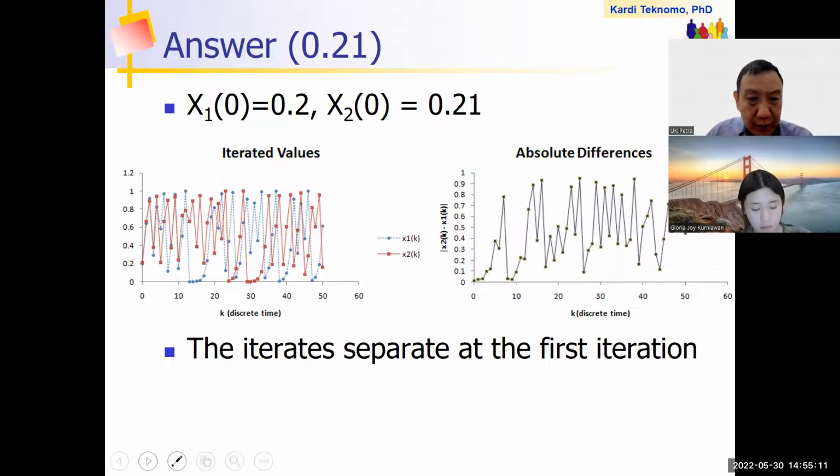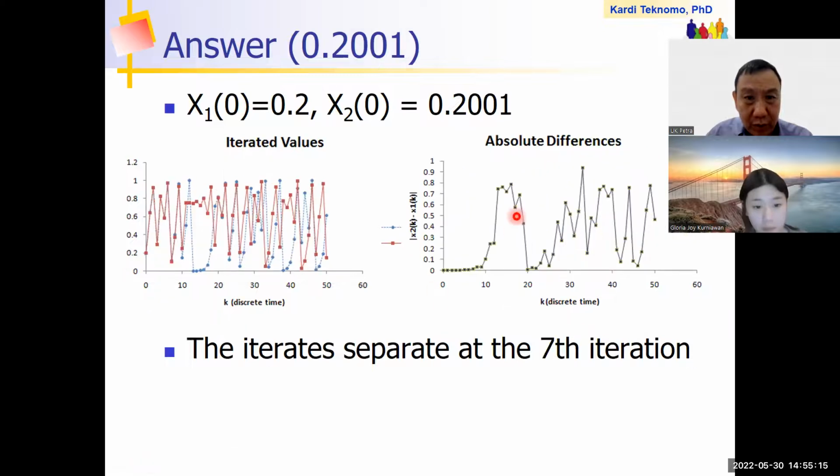And then if we change to 0.2001, you can see it changed a lot. So the beginning is the same, right? And then after 7 iterations, it will start to separate.